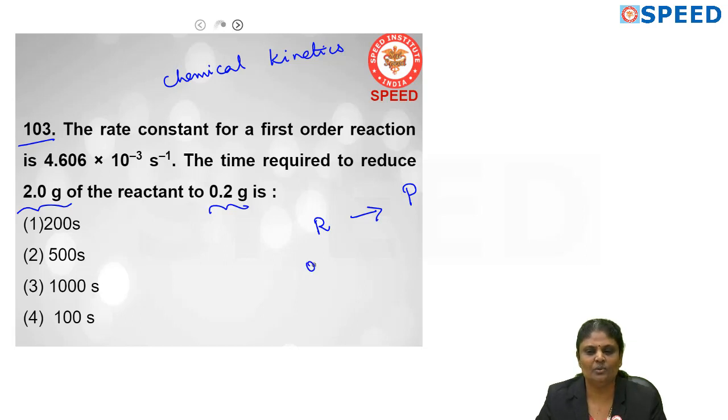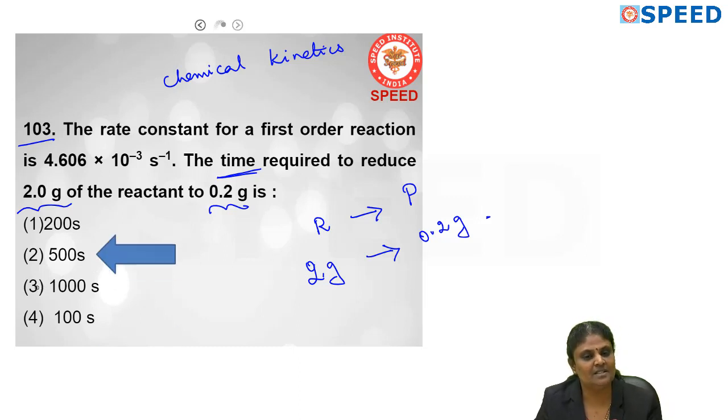So here you take 2 gram of reactant, this is reduced to give 0.2 gram of product. Okay, so here you have to calculate the time required. So express in seconds. Here 200 seconds, 500 seconds, 1000 seconds and 100 seconds are given. I think the correct option is second one. The 500 seconds is the correct answer.